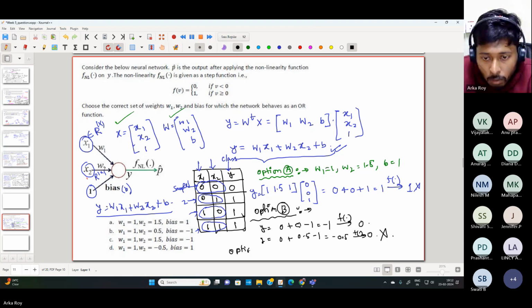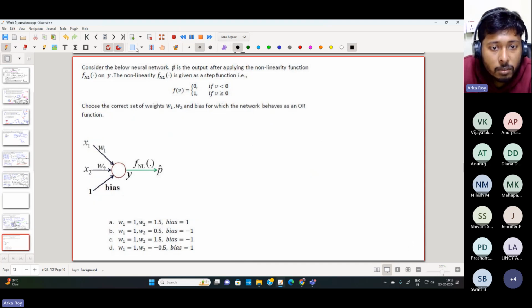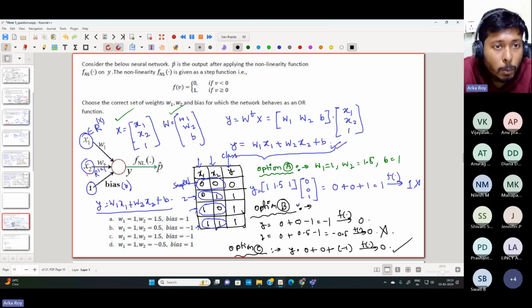So option C. The first one will be 0 plus 0 plus bias, which is -1. If you apply the nonlinear function, we'll get 0. So the first case is correct. Then let us check the other cases.